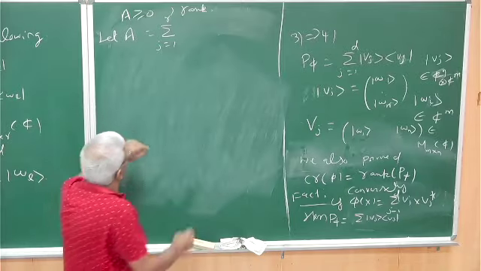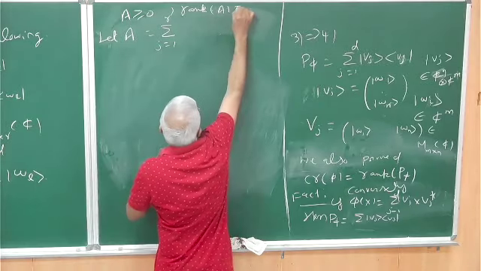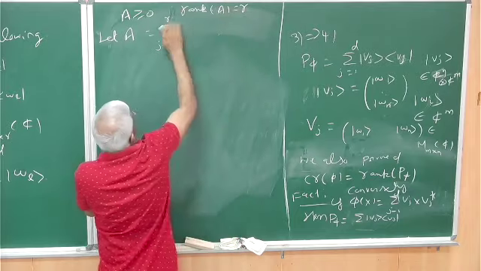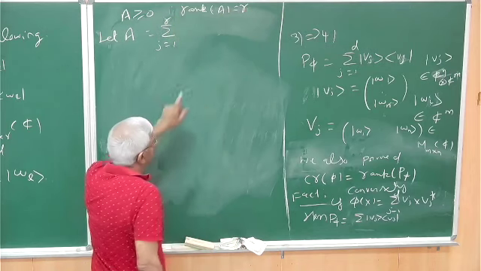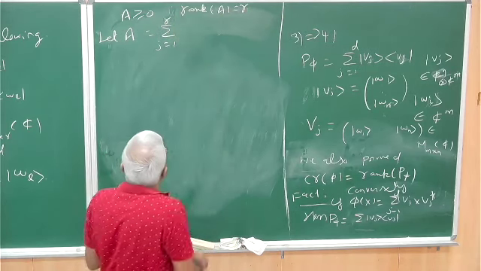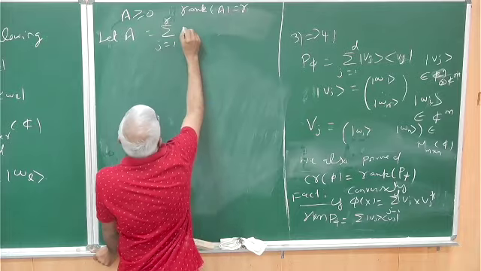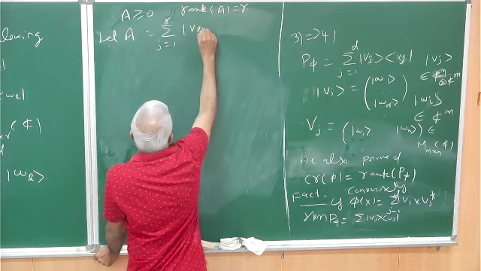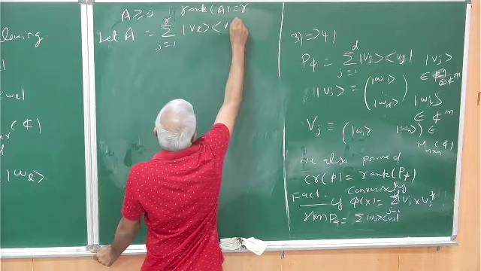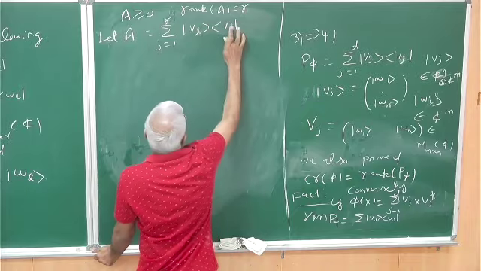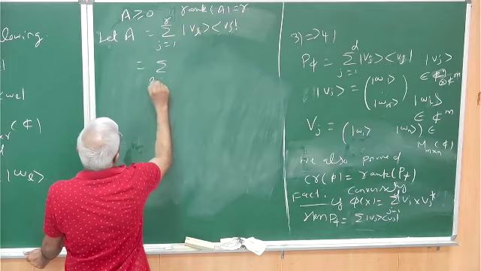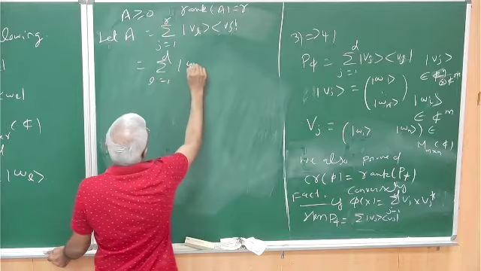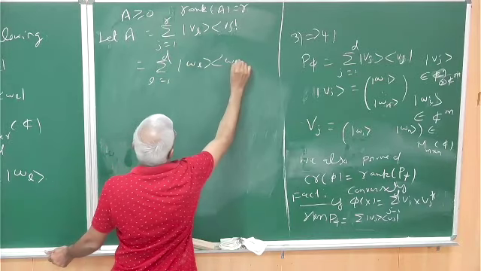So it's enough to consider the rank of A equal to r, which is just the usual matrix rank. A looks like summation of |v_j><v_j|, j equal to 1 to r, and this is also equal to summation l equal to 1 to d of |w_l><w_l|.